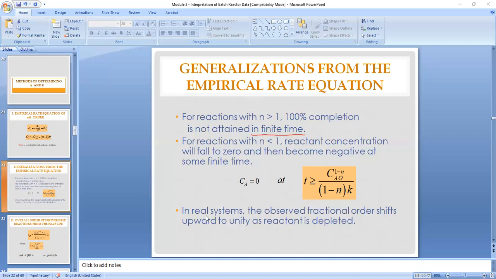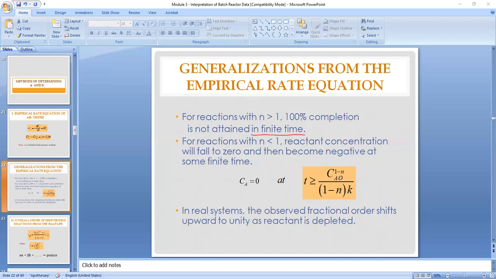Drexel. Yes, miss. What's your understanding of this? Miss, as reactant is being consumed, palapit siya, miss, sa 1 ang fractional order.